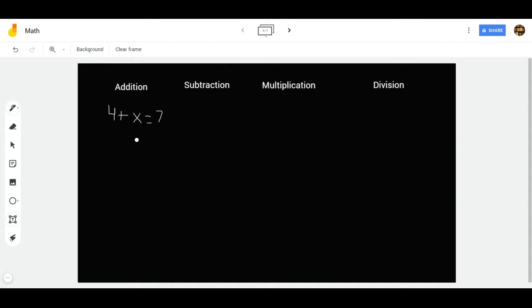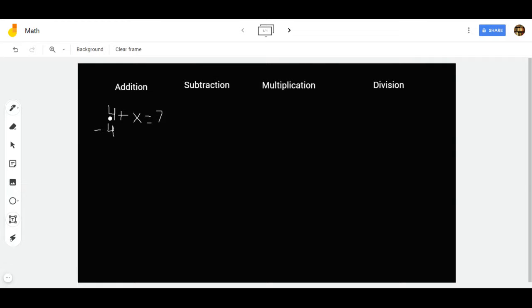You probably know basic addition and you say that x is equal to 3. But there is another way to solve it. Every time you solve for x, you bring all of the numbers over to one side and all of the variables to the other side. We do that by subtracting 4.